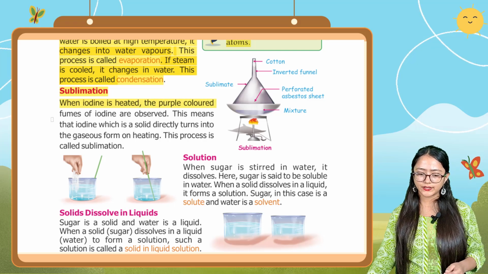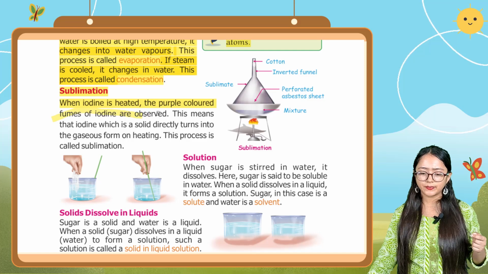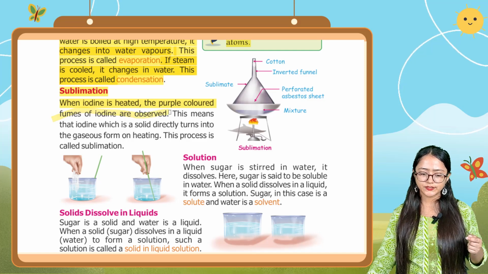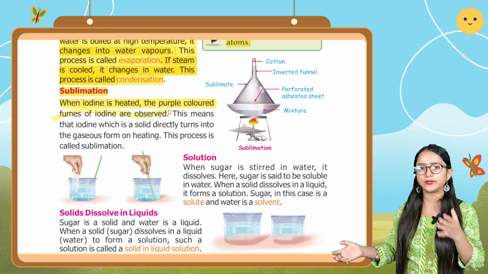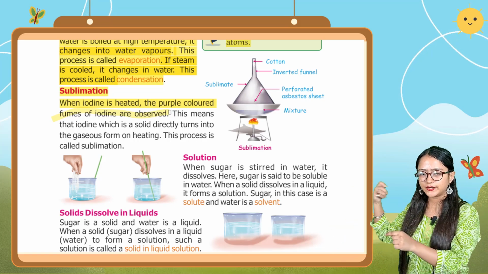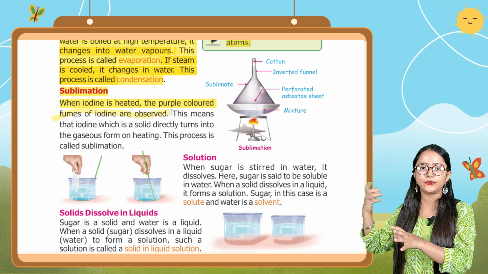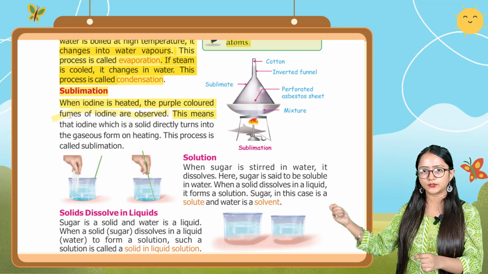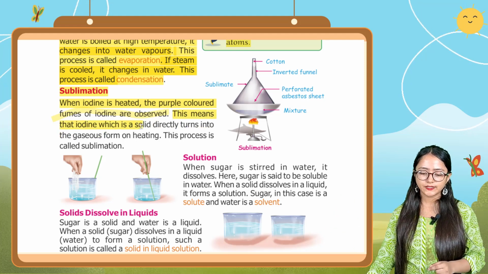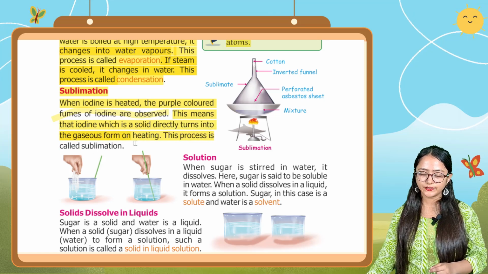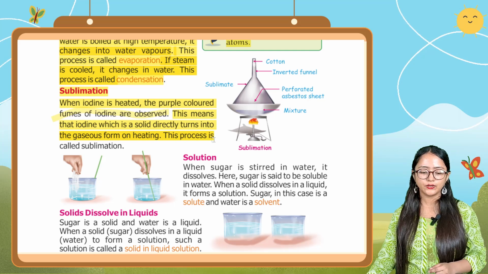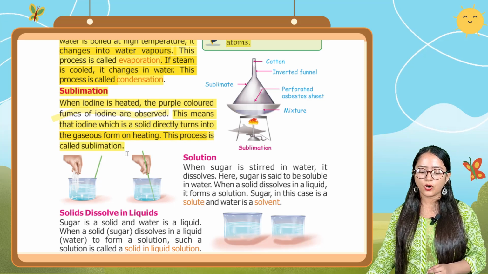When iodine is heated, the purple colored fumes of iodine are given off. This means that iodine, which is a solid, directly turns into the gaseous form on heating.